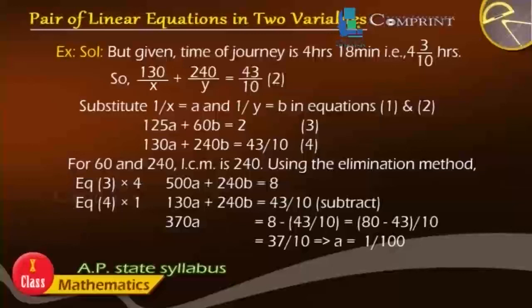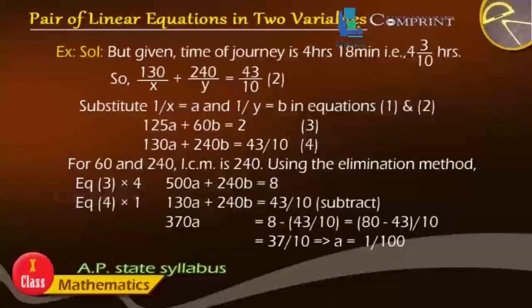For 60 and 240, LCM is 240. Using the elimination method, equation 3 into 4: 500a plus 240b is equal to 8. Equation 4 into 1: 130a plus 240b is equal to 43 by 10.